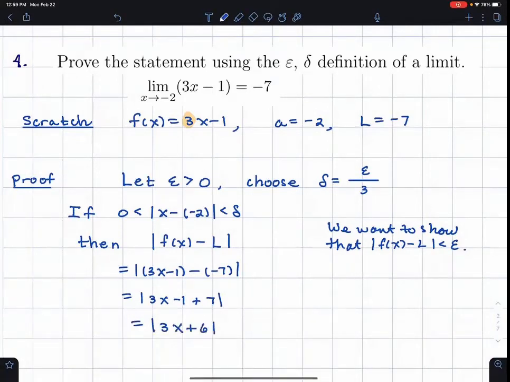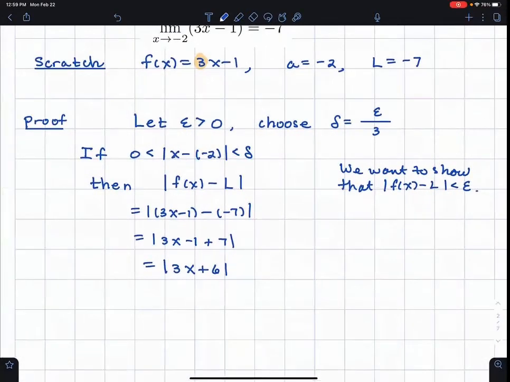This is just elementary algebra here. I put f of x is 3x minus 1, I put L is -7, and it simplifies to 3x plus 6. And then I factor out 3, and that leaves 3 times x plus 2.